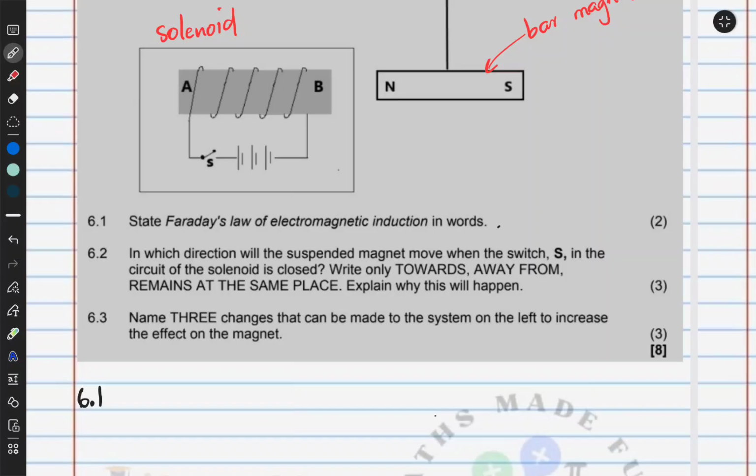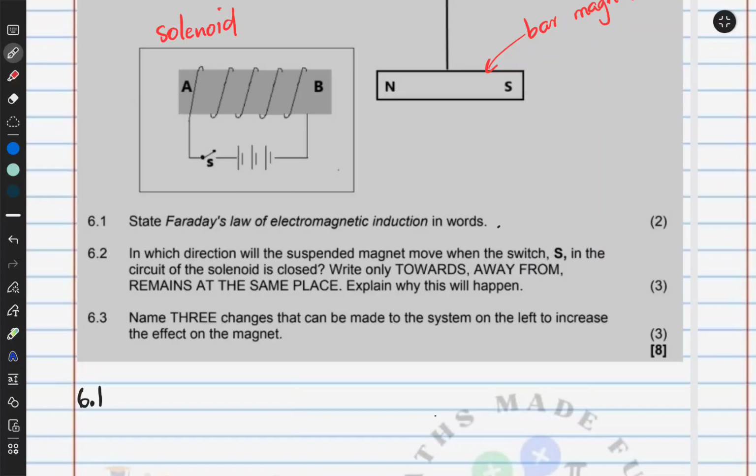So if you move either the conductor through the magnetic field, there will be a magnetic flux, but it will change because you are moving either the magnet or the conductor. That change, and the rate at which that change occurs, will affect how much EMF you induce in the conductor.